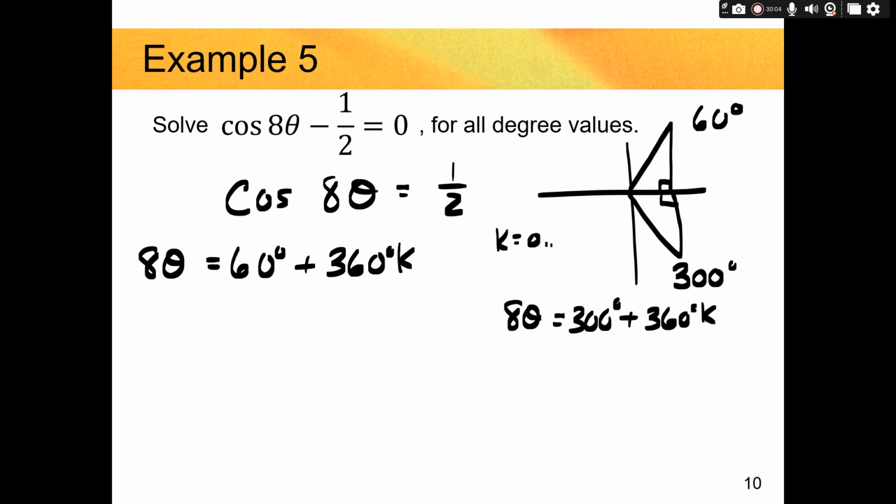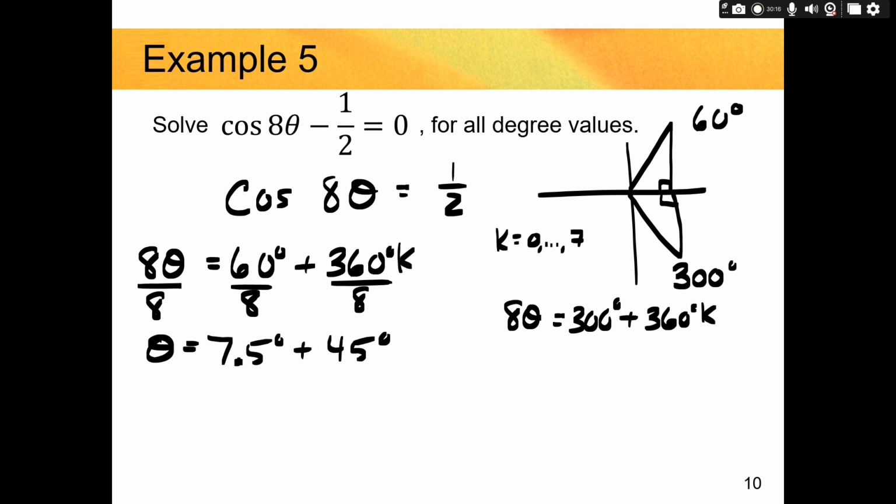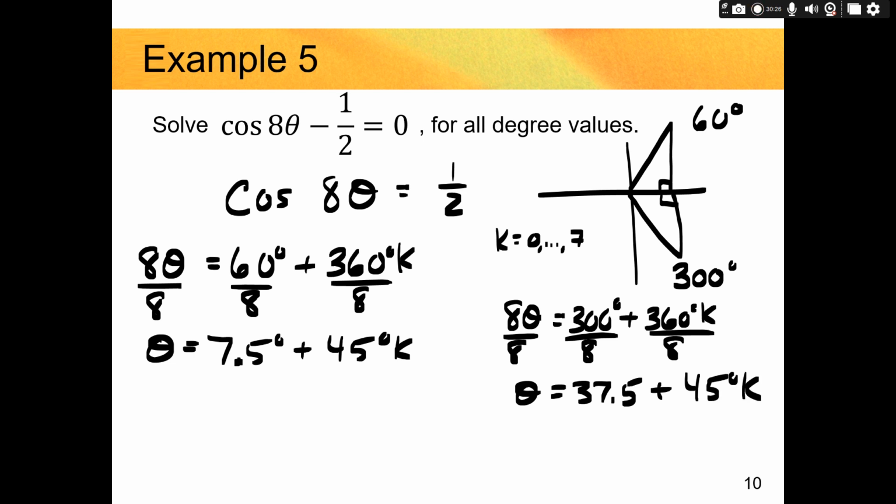Okay, perfect. Yeah, just divide by 8, and I got myself 7.5 degrees. 360 divided by 8. 45. Perfect. And done. So this one's going to be divide by 8, divide by 8, divide by 8 as well. So that's going to be 37.5 degrees. I forgot the little degree symbol there.